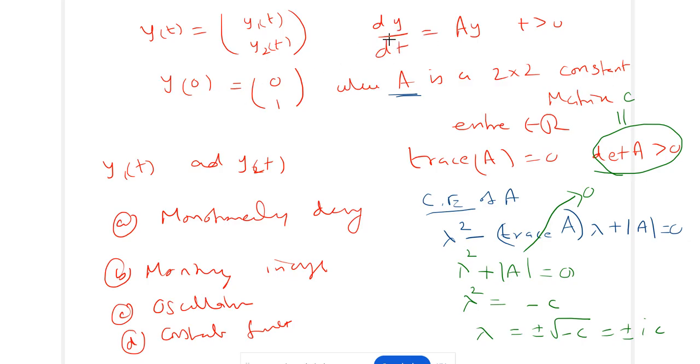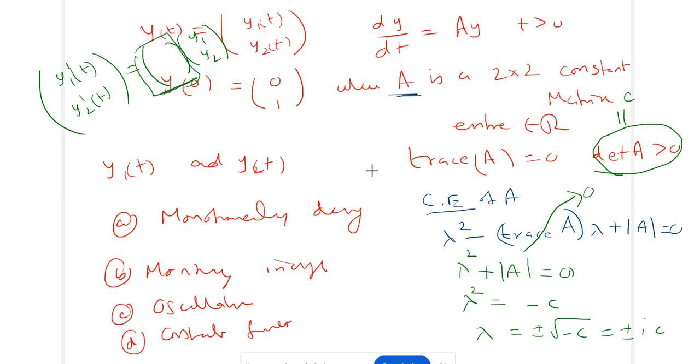So y1 dash of t, y2 dash of t equal to the matrix A into y1, y2. The eigenvalue of this matrix is purely imaginary.